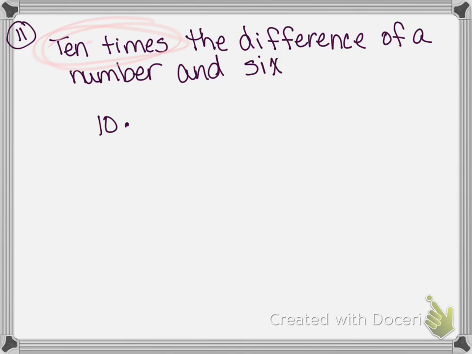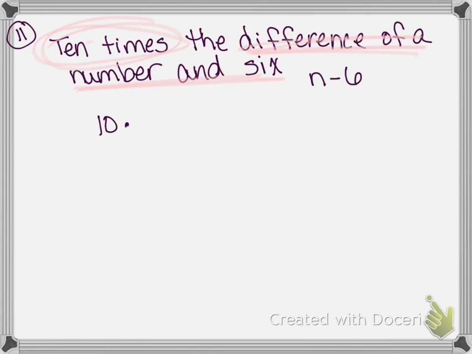The difference means what operation? Good. The difference of a number and 6. So that means n minus 6. Where students mess up is they don't put the n minus 6 in parentheses. And it's just practice. It really is. You just kind of have to keep practicing these.